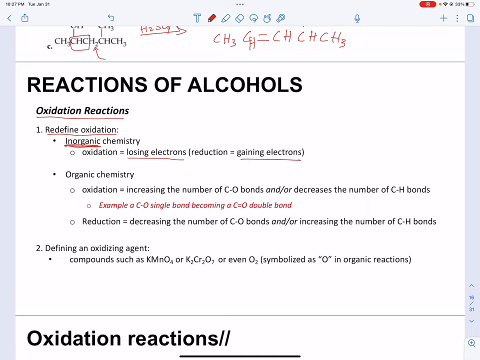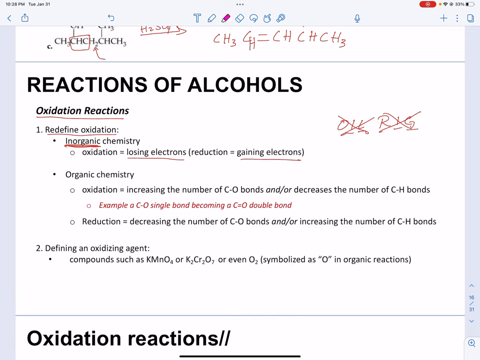And so I know when I teach it, we go over oxidation numbers and how those change and identifying what's losing and gaining electrons. You might be familiar with the acronym OIL RIG. Oxidation is the loss of electrons and reduction is the gain of electrons. But for organic chemistry, although this is a type of oxidation and a type of reduction, we're going to think of it a little bit differently.